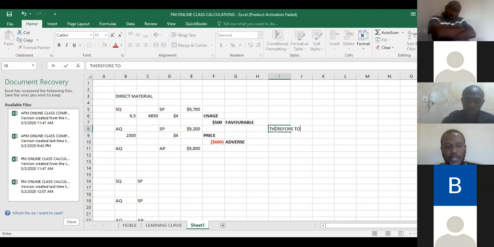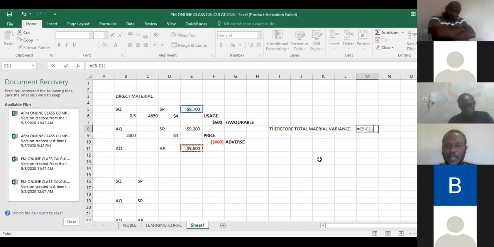Total material variance is equal to the top of your pro forma, standard quantity standard price, minus your actual quantity actual price. So that is 100 adverse.